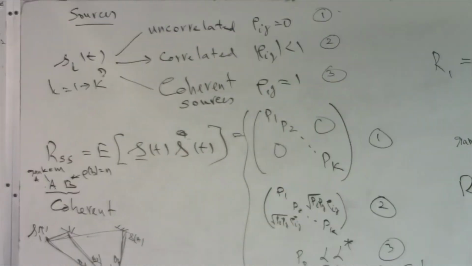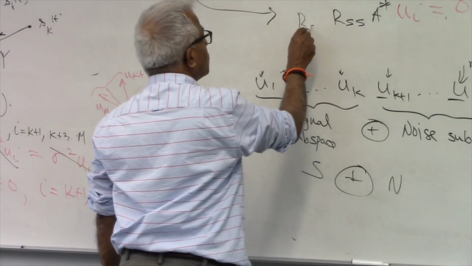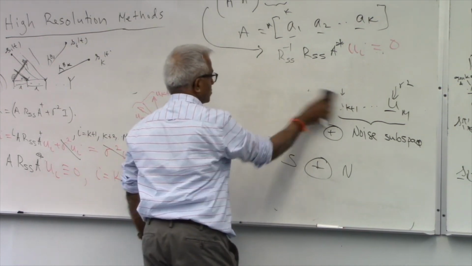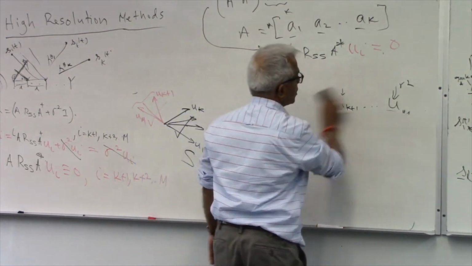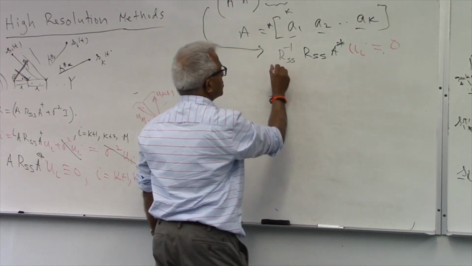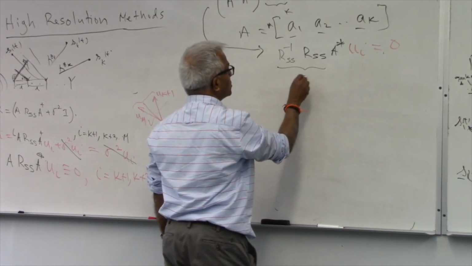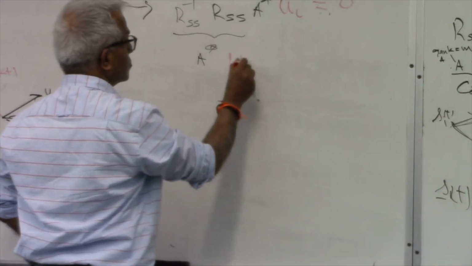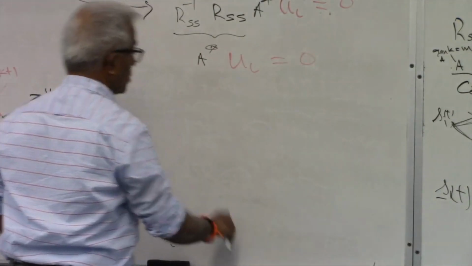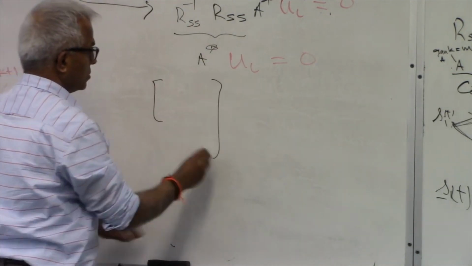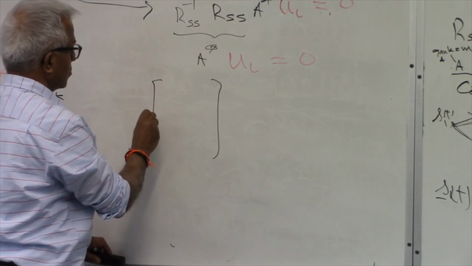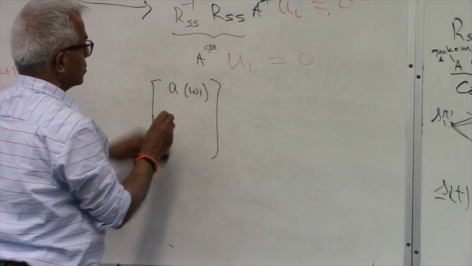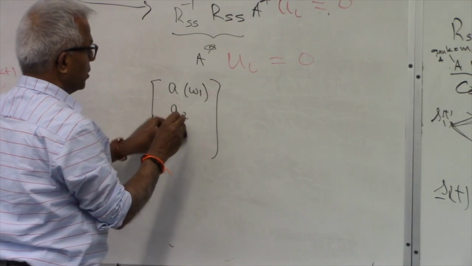If R_SS is full rank, I can multiply by the inverse of R_SS here. Then this goes away, and you get A star ui equal to 0. So A star is what? Look at A star: A1 omega, A omega 2.